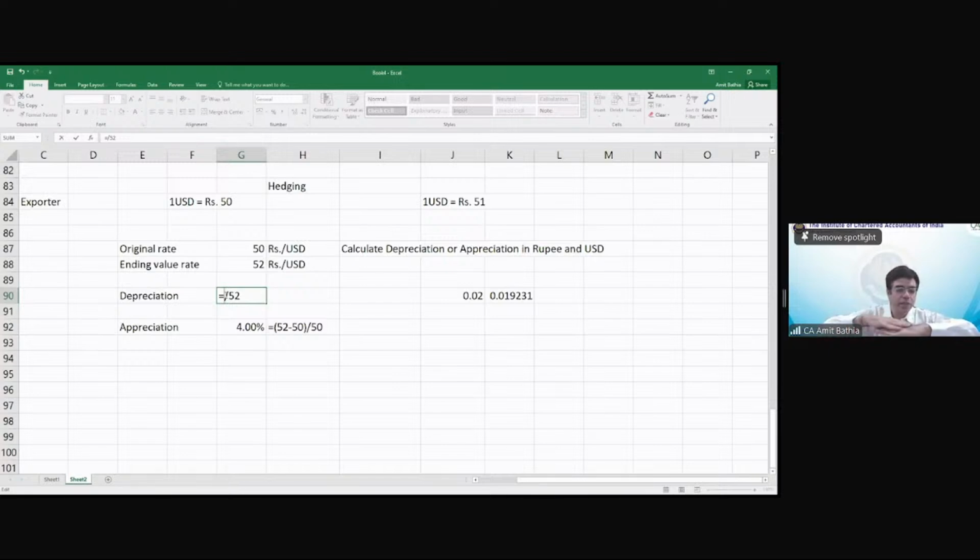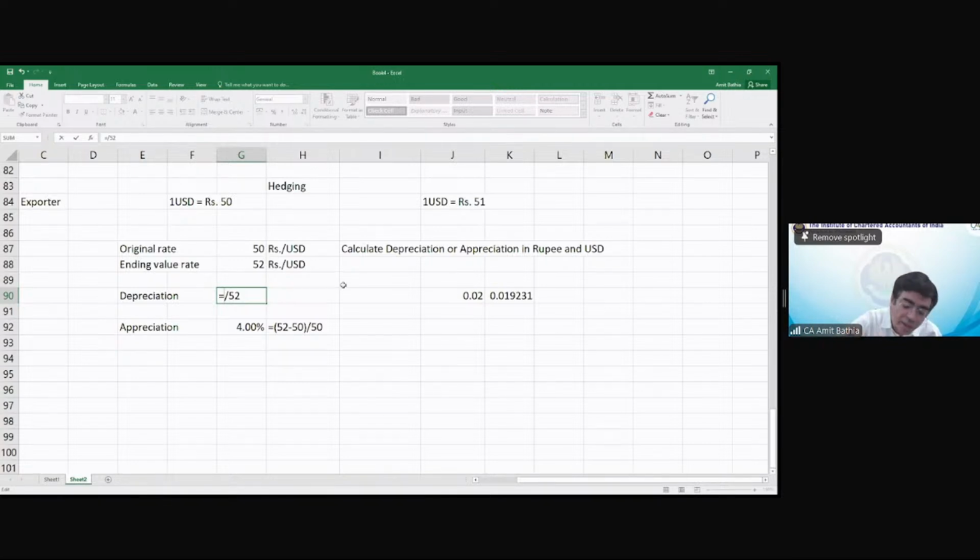Similarly, when it depreciates, this is my base. So do I take a higher value as a base or lower value as a base? Higher value as a base, because here you can see 52 to 50 is, for me, a depreciation. Am I right?